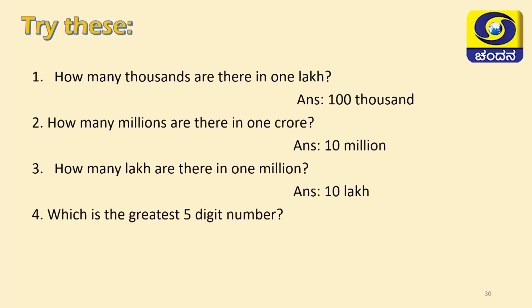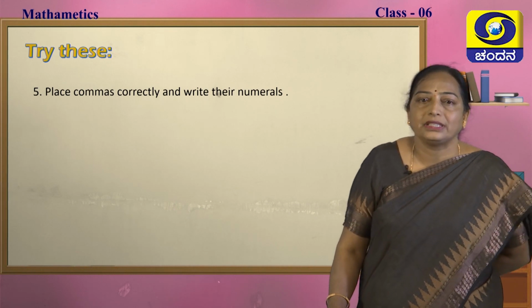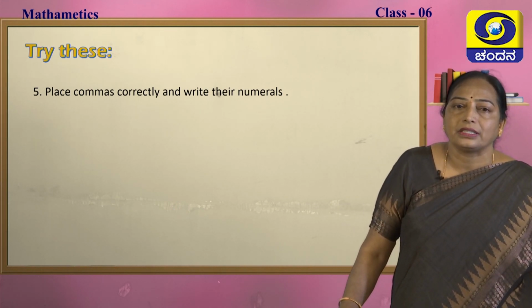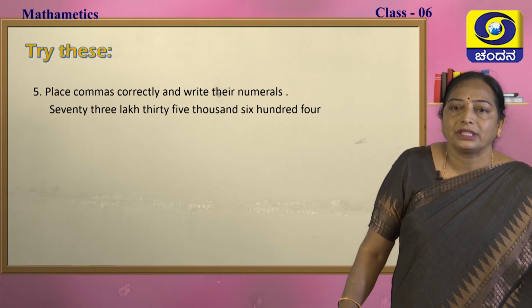Which is the greatest 5-digit number? 99,999. Try this. Again, one more sum is here. Place commas correctly and write the numerals. 73,35,604.